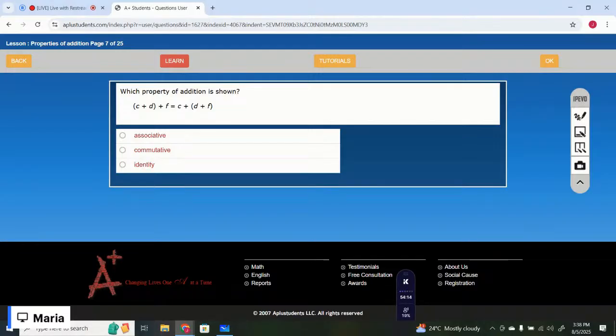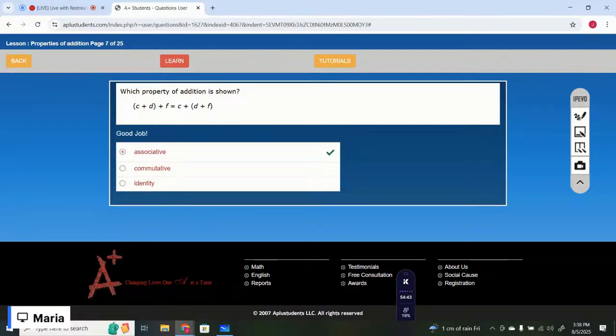Which property of addition is shown? That is the associative property. Option number 1 is the correct option. Associative property it is.